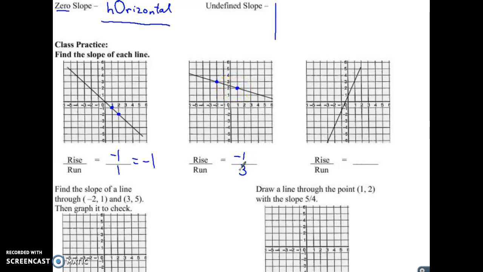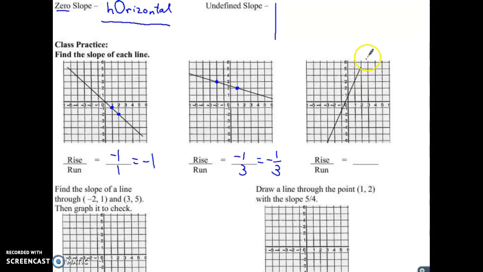So there's my slope, a -1/3. And again, please do a nanosecond check. This line going downhill, my slope better be negative. This line also goes downhill, not as steep, and look, we don't have as big of a number. There's a negative going downhill.